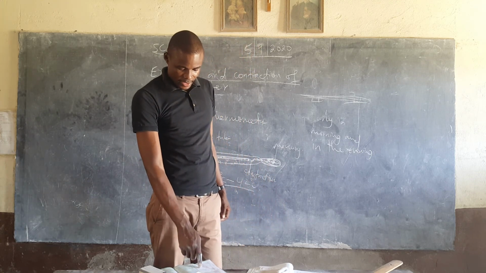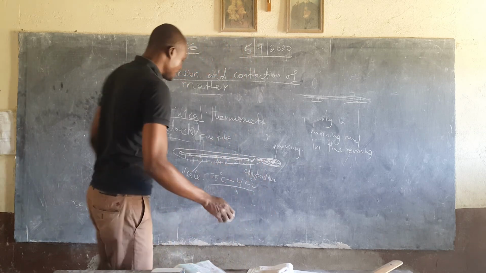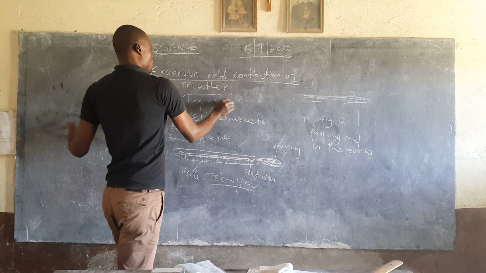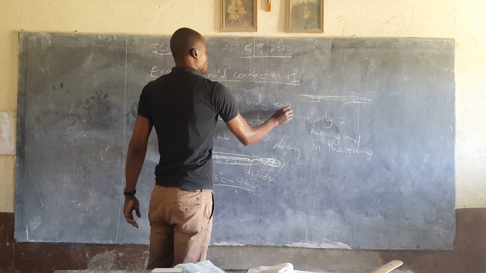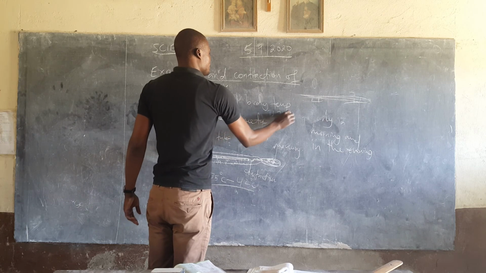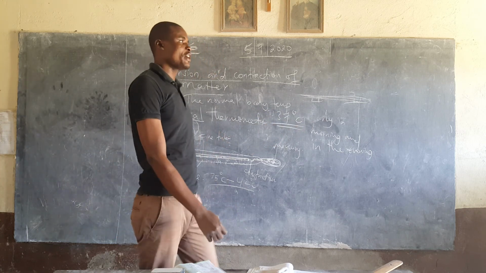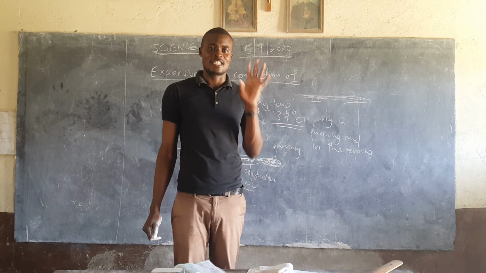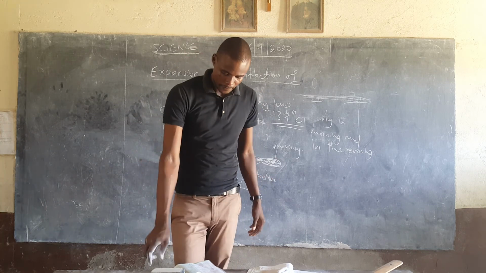The normal body temperature of a human being is 37 degrees Celsius. We need to know that. The normal temperature of a human body should be around 35, 36, 37.